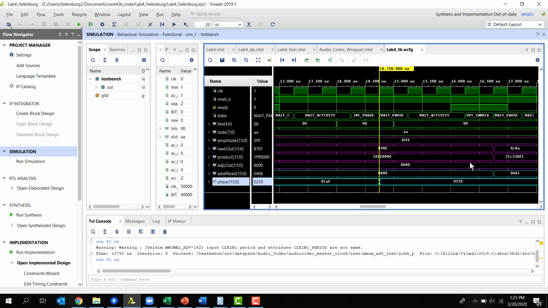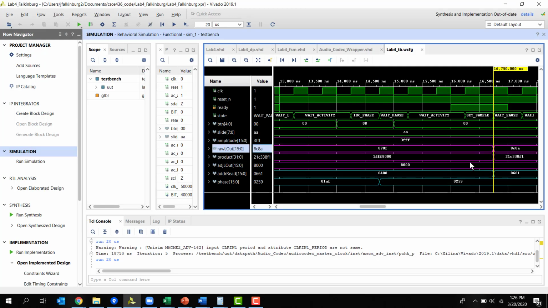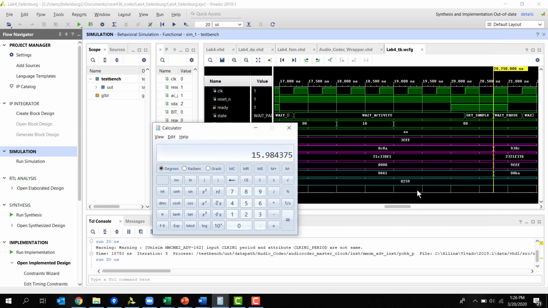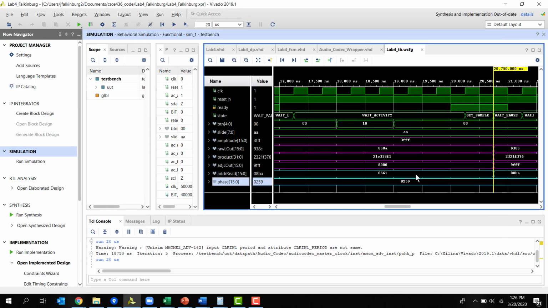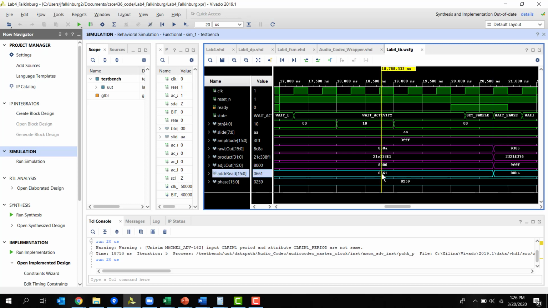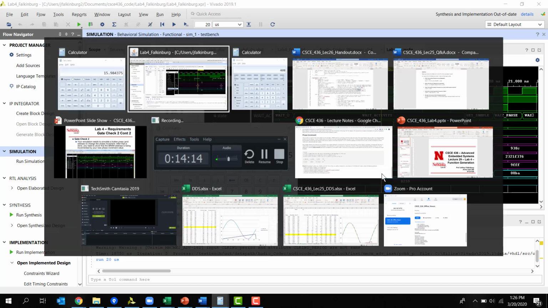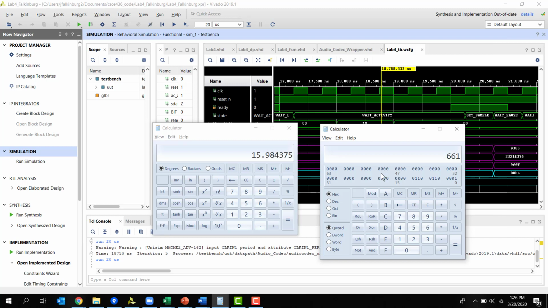And we calculated that out. Next value is going to be indexed by 9 again, so 408 plus 259 is going to give me 661, decimal value 1633. 1633, 2 to the power of 6, gives me 25.